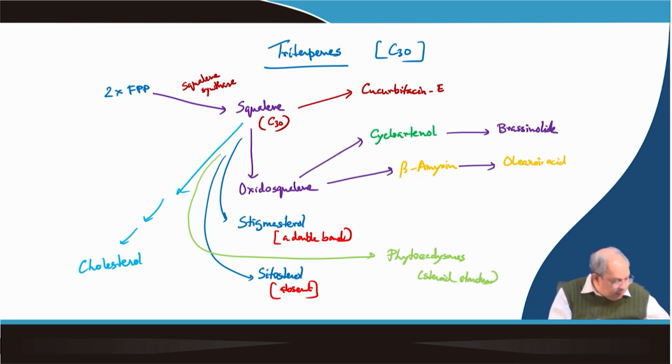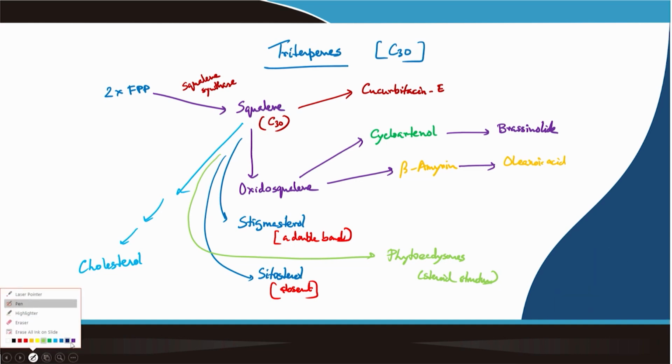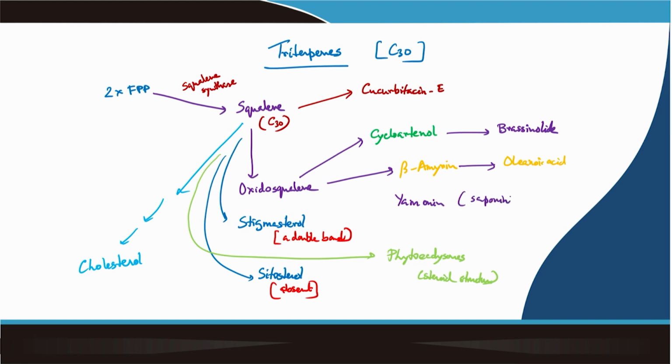Apart from this, there are two important compounds which come under triterpenes, which is diosgenin, which is a type of saponin, and another well known compound, digitoxigenin, which is a cardenolide.